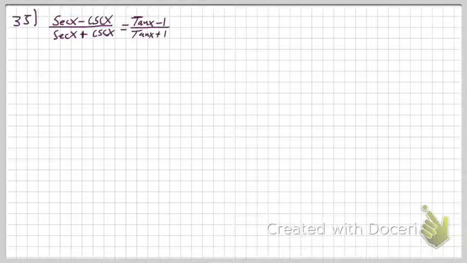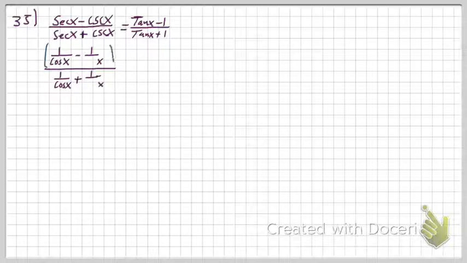And I'm going to get rid of all of my reciprocal terms, like the secant and the cosecant. It's kind of a typical strategy in this unit that works almost all the time. And then I am going to do something a little bit different here. I call this clear the denominator.